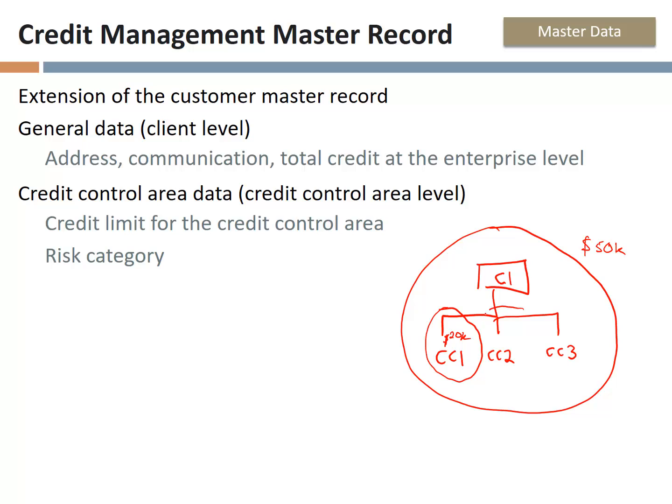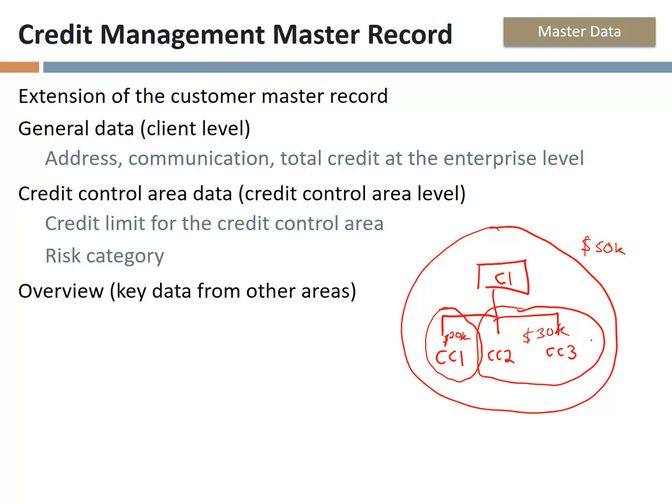And we can do things like put these two together and have that be a credit control area where they would say between the two of us, you can only do $30,000. So we can get as nuanced with this as we want to. All of that is going to be reflected in this credit management master record. And when we start stepping through the process, you'll see how this comes into play and how we actually check on things.